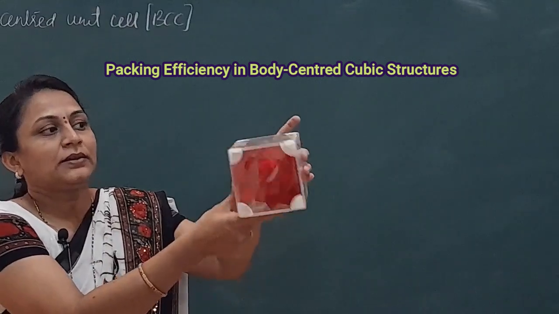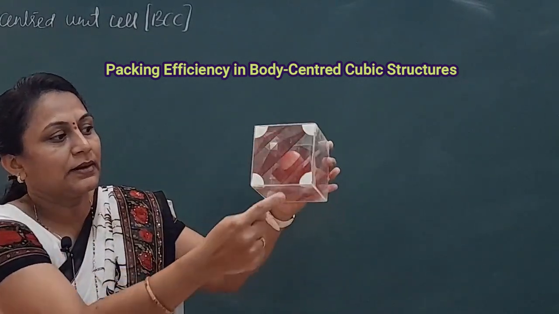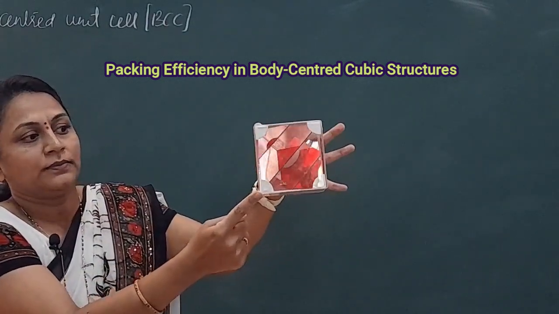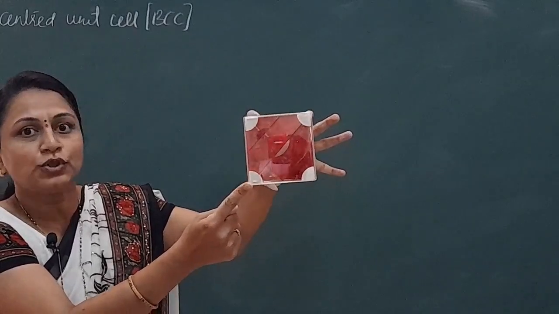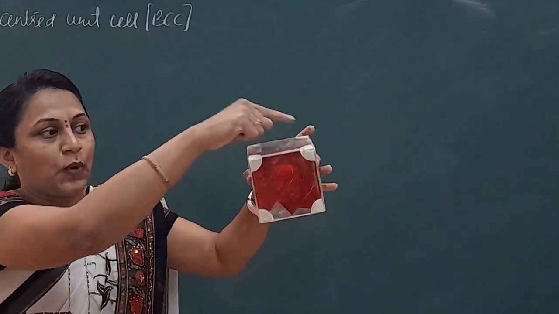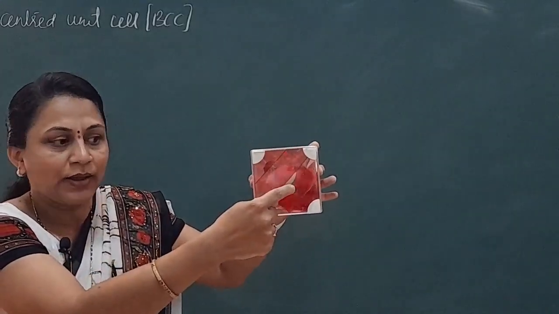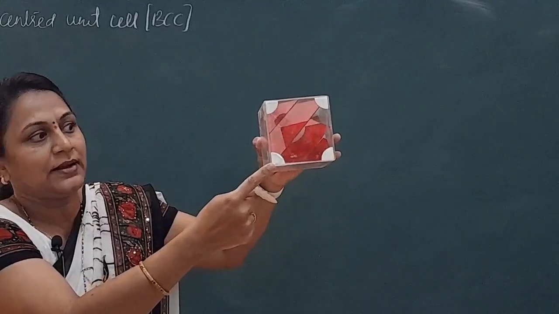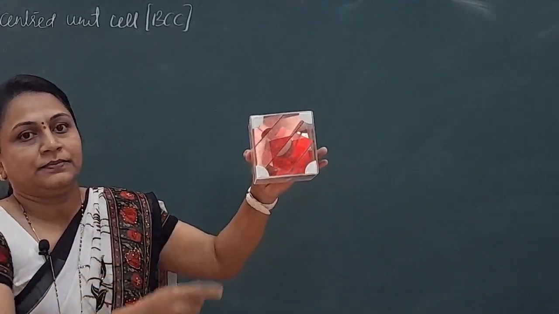That means here one particle is there, this particle and the center particle and this corner. They are in contact with one another. So if you join the centers of these three spheres, the sphere at this point and the sphere which is inside the body and this center, that is the body diagonal.